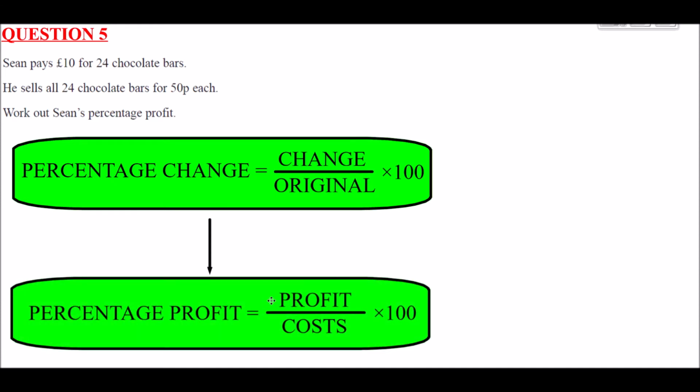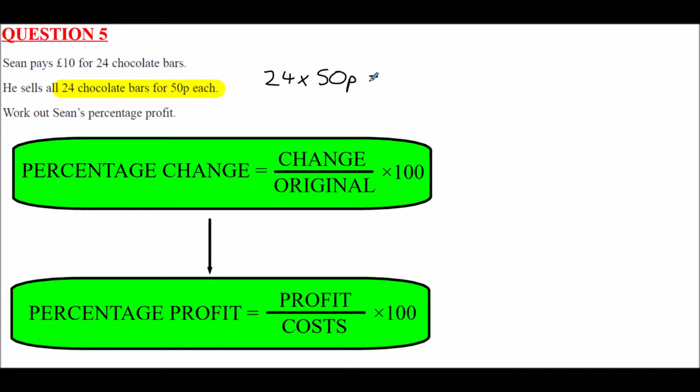So to find profit, profit is just the difference between the money he makes versus the money he spent in the first place to make that money. So obviously he spent £10, but if he sells all 24 of these chocolate bars for 50p each, the money he makes is going to be 24 times 50p.